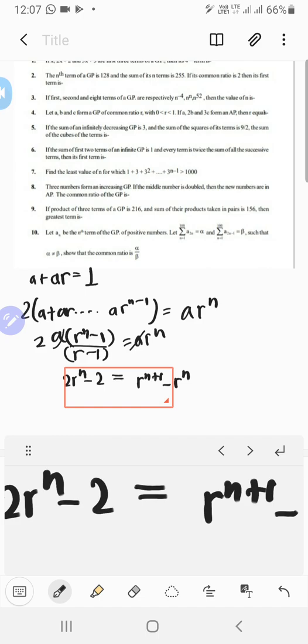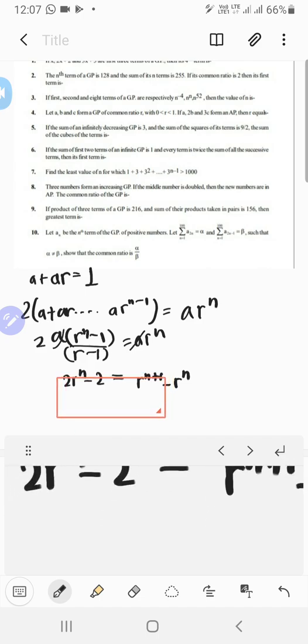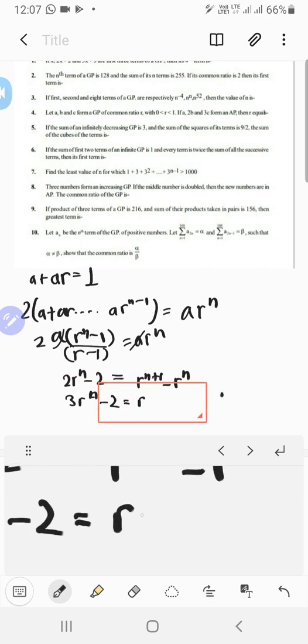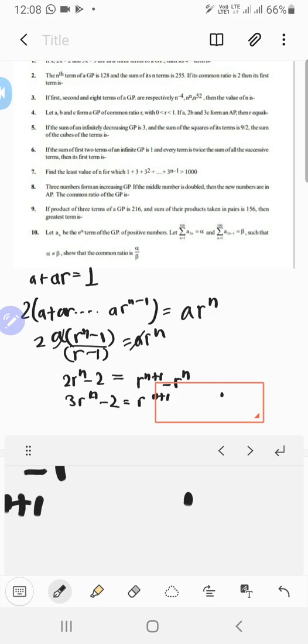Okay, so what can we do with that? You can put 3 times r to the n over there. So 3 times r to the n minus 2 is equal to r to the n plus 1. But what now? We seem to be stuck. There should be some way to get out of this. Maybe we could use the value of a somehow.